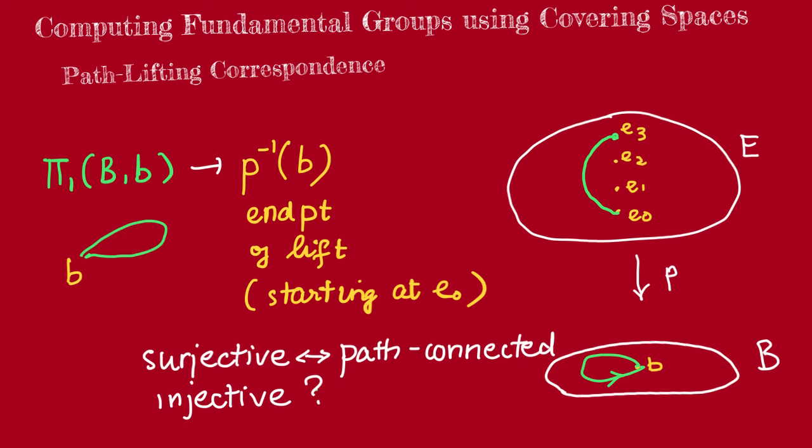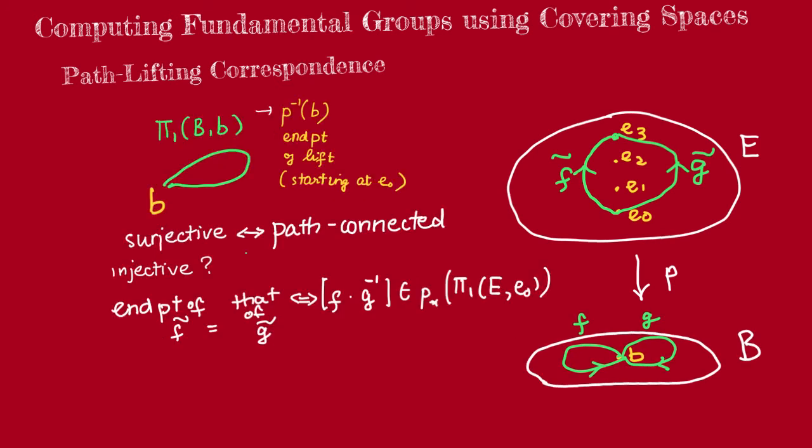Now how about injectivity? When would two loops, say F and G, map to the same endpoint? Let's look at this F tilde and G tilde. If that's the case, then if I go F tilde and then the inverse of G tilde, this is going to be a loop centered at E0. And so the loop F followed by G inverse should be the image of a loop based at E0.